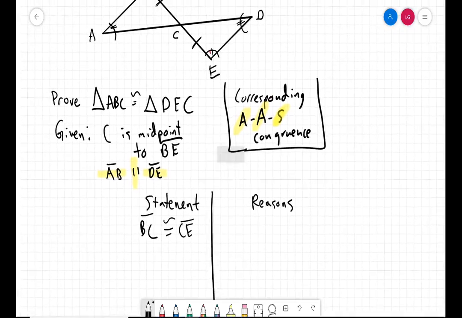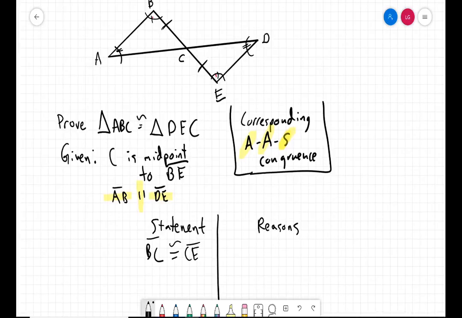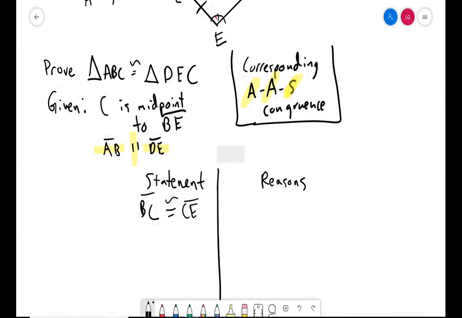The statement is that line segment BC is congruent to line segment CE. And the reason is the definition of midpoint.